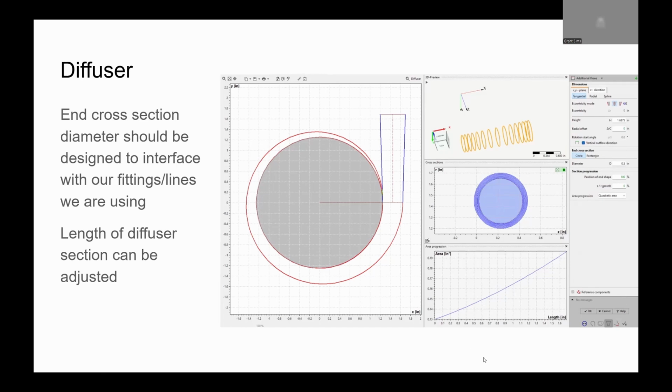Is it possible to have the diffuser go out of the page a little bit, into the Z-axis, if we wanted to make it better for packaging? I know that's one thing we are thinking about doing. Like have the volute here and then it comes out like that. Yeah, I could look into that. I haven't seen that yet, but I could try and figure that out. Exactly, because that might help with packaging.